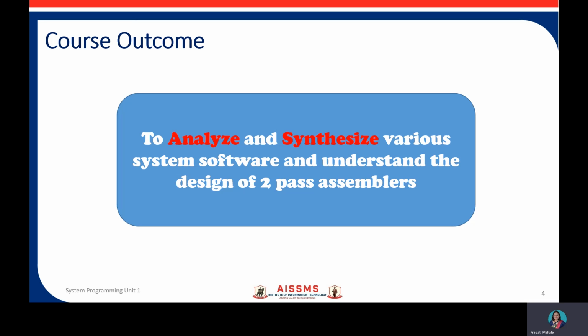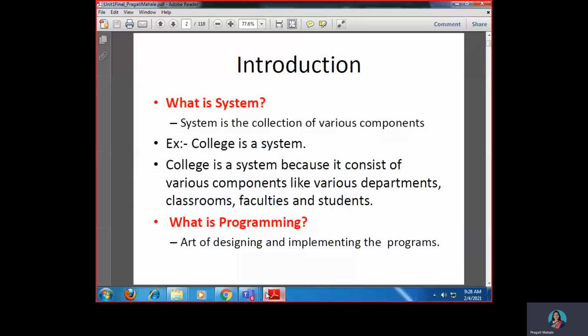Let us start with the introduction to system programming. I hope that the screen is visible to you. First we understand what is a system. If we break the word system programming into two words, system and programming, what do you understand by system?